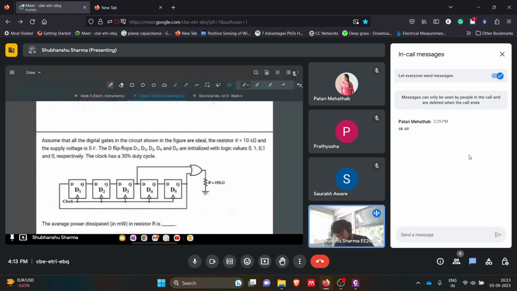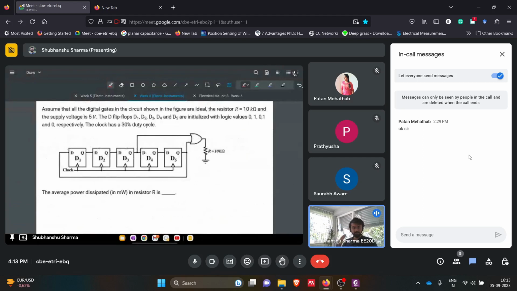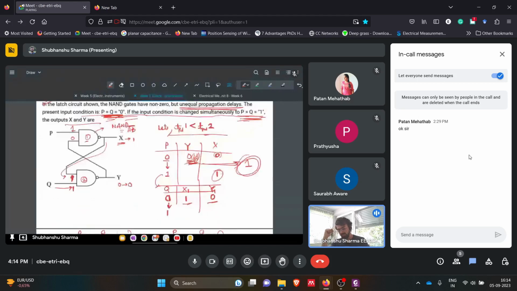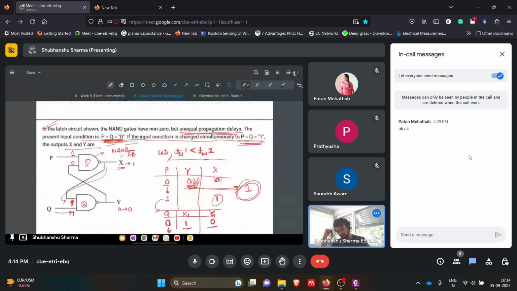Then this question, just read it. We have to calculate ultimately the average power dissipated in this resistor R. In the next class I will tell you the options also, so that it will become the full question and make more sense.